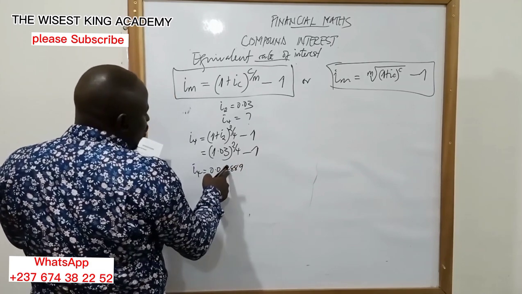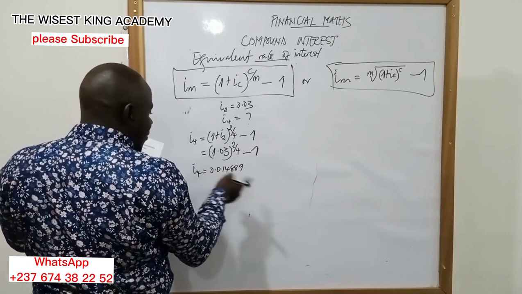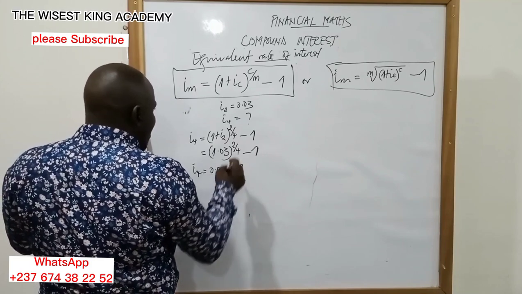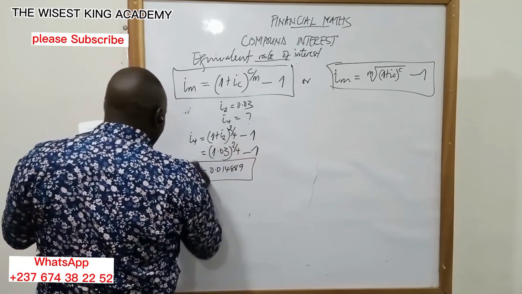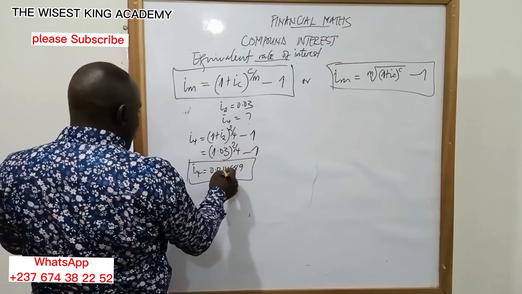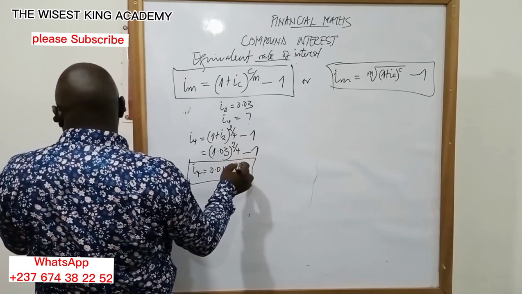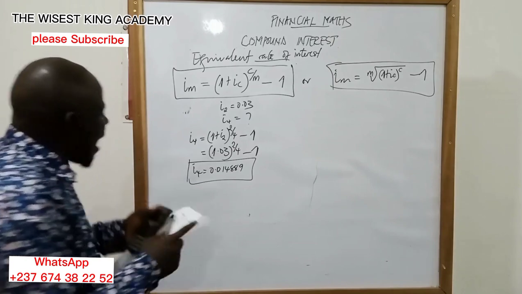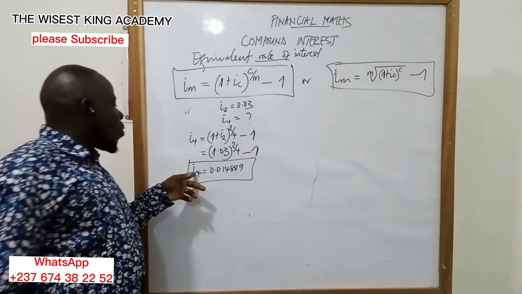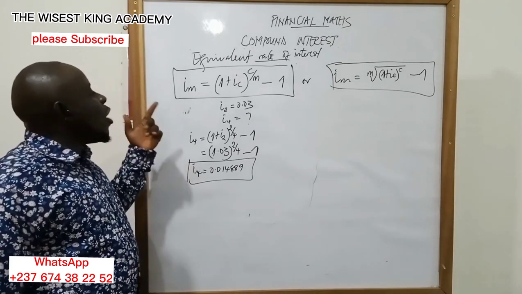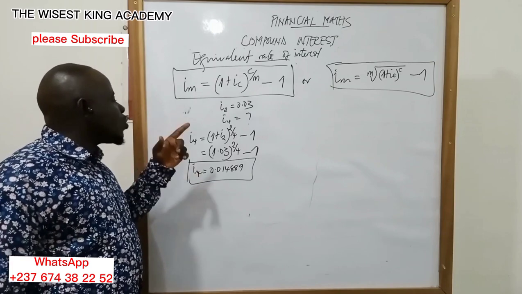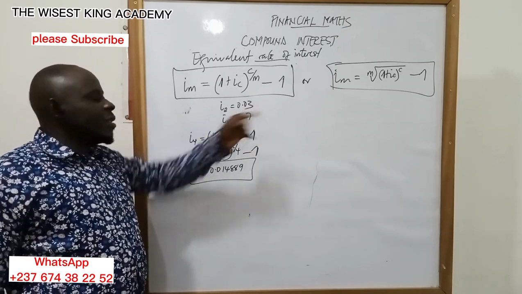I could put 0.015. It's still the same thing. That is 6 decimal places. So this is the quarterly rate equivalent to a semi-annual rate of 3%.